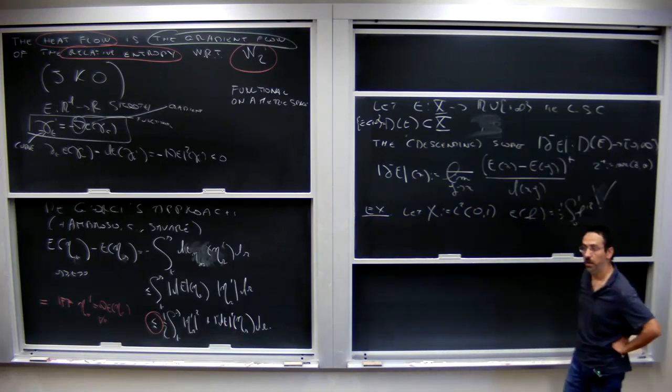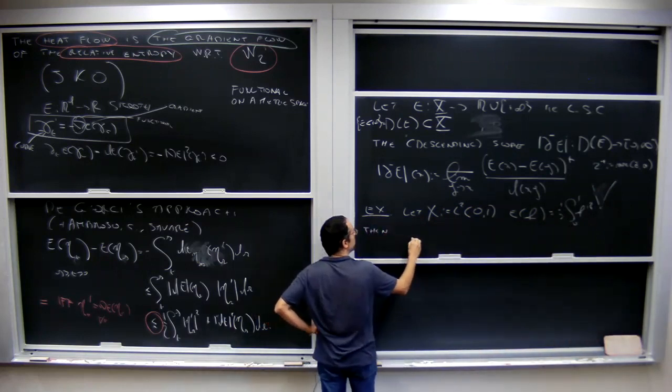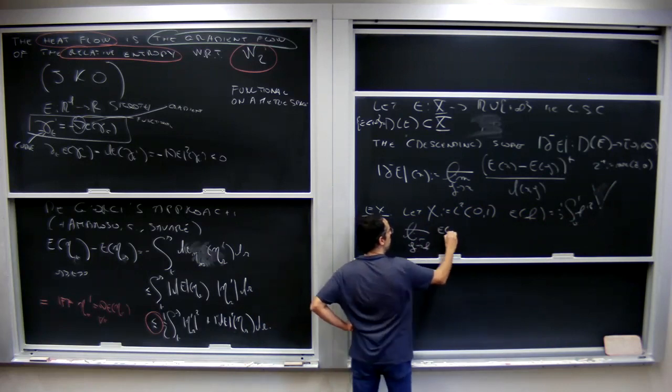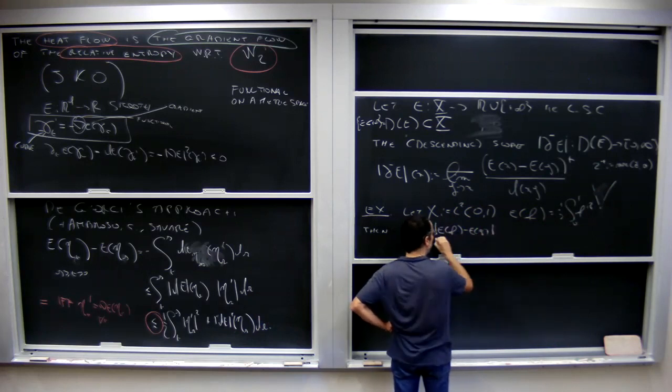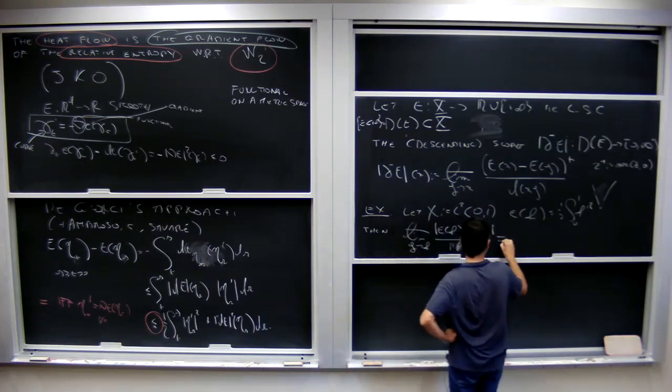Then the lim sup as g goes to f of the absolute value of E(f) minus E(g), divided by the distance in L2, is identically plus infinity.